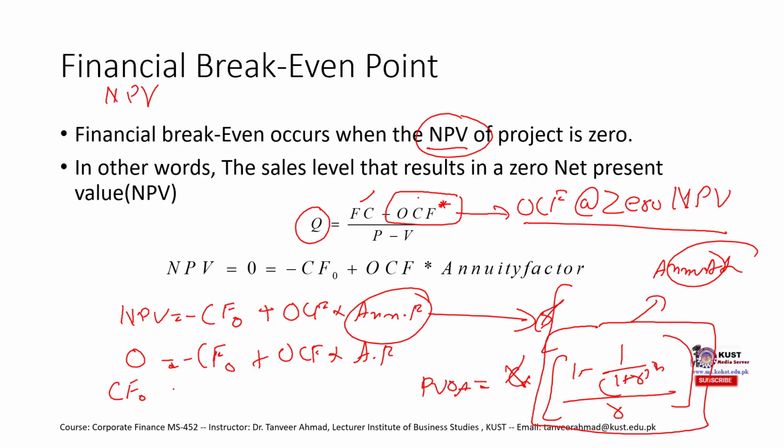We would be left with OCF. We also transfer this annuity factor, so OCF is equal to initial investment or cash outflow divided by the annuity factor. So let me clear this slide.